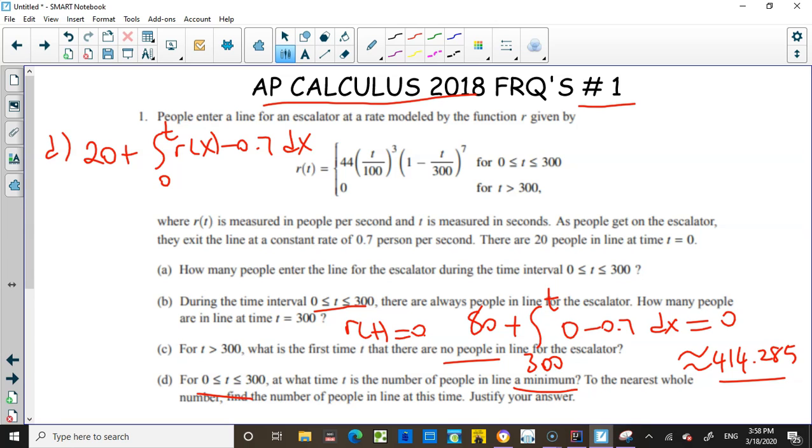Since it says minimum, finding a minimum or maximum is directly related to the first derivative.